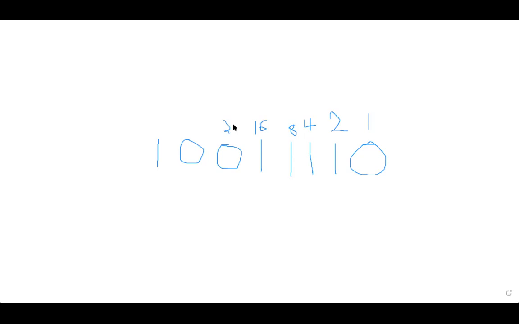Write your numbers on them. 32, 64, then 128.